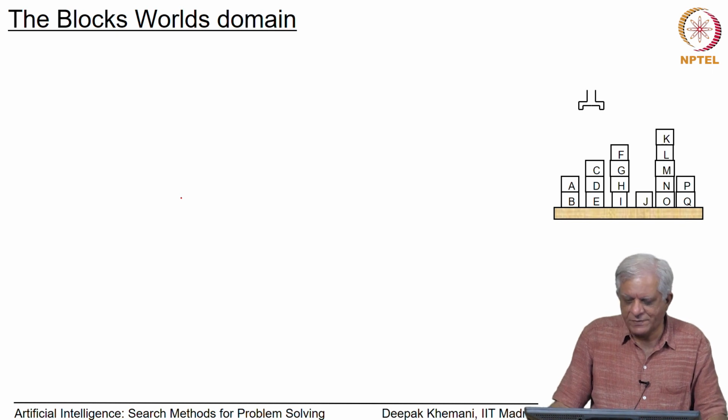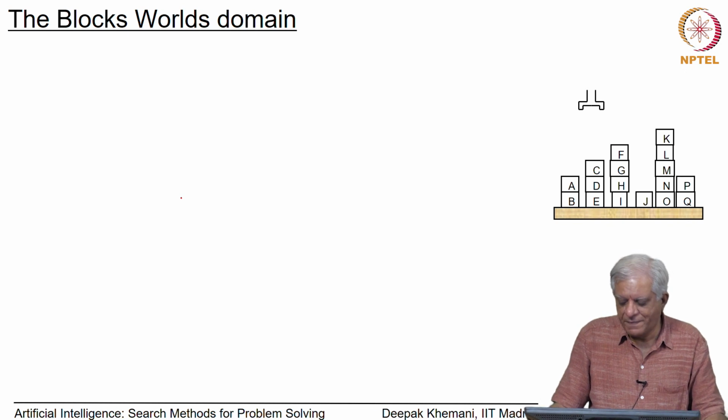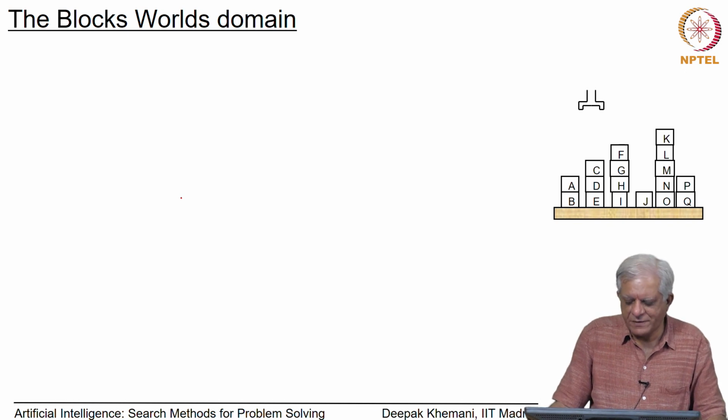So, in this blocks world domain, there is a table on which there are blocks which are stacked upon each other, and essentially you can assume that all the blocks are of the same size, and only one block can be stacked on a block, and there is no limitation on the size of the table.